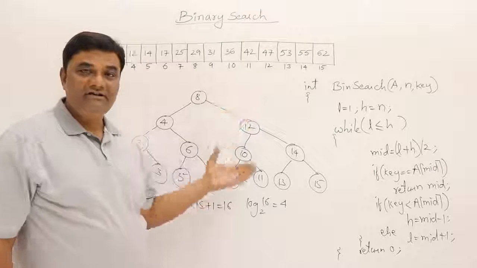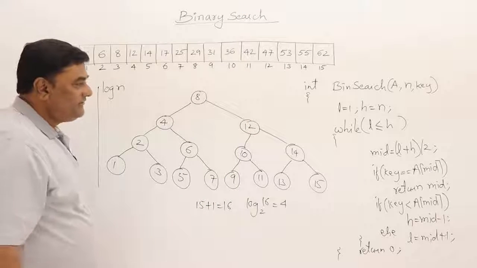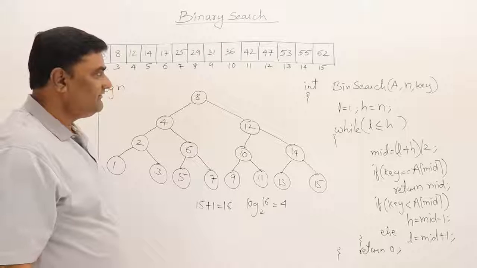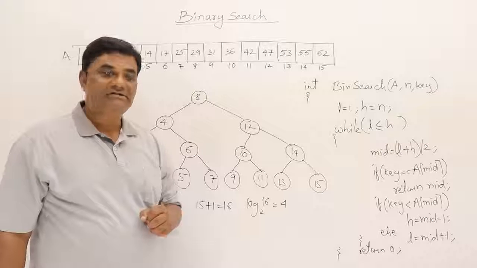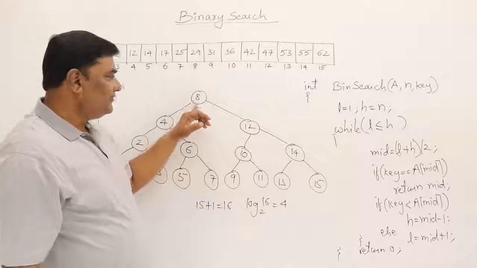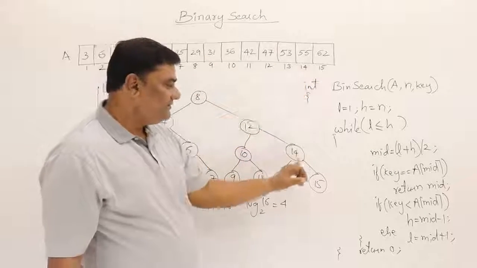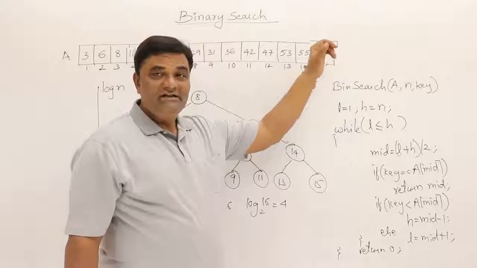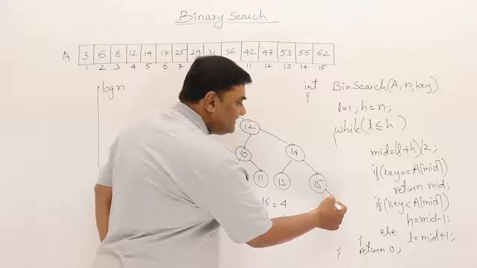So from the tree we can analyze. And one more thing, if I am searching for any element which is not present, then what happens? Suppose I am searching for 65, then first it will go here, mid 8, then on 12, then on 14, then on 15, then it will try to go that side, but the element is not there, so it will stop on this side.